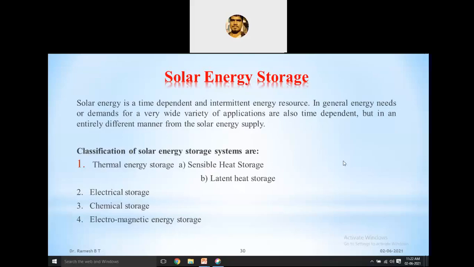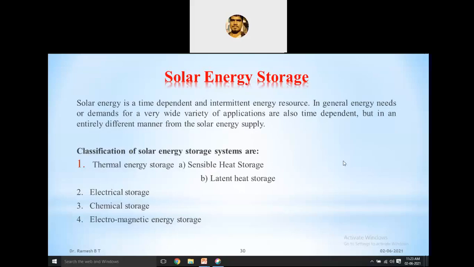Storage in a solar system may depend on several factors. The first is that it permits solar energy to be captured. The solar collectors we already discussed, but once we collect and convert the energy, we have to store it.